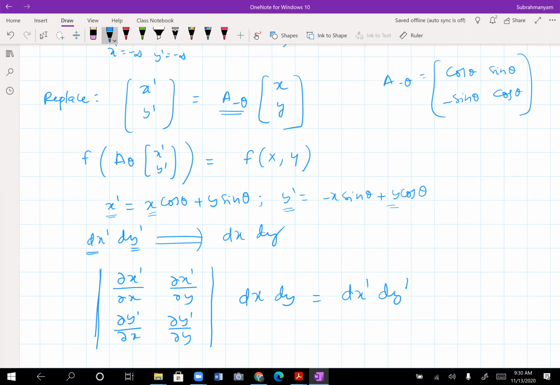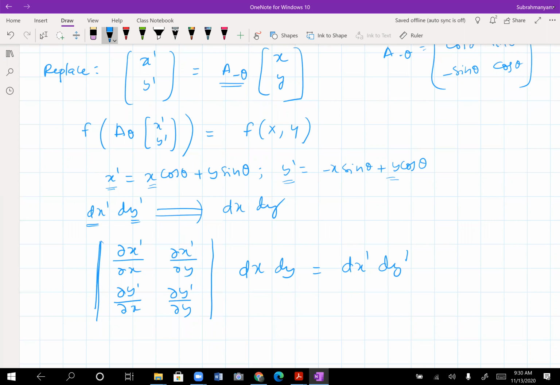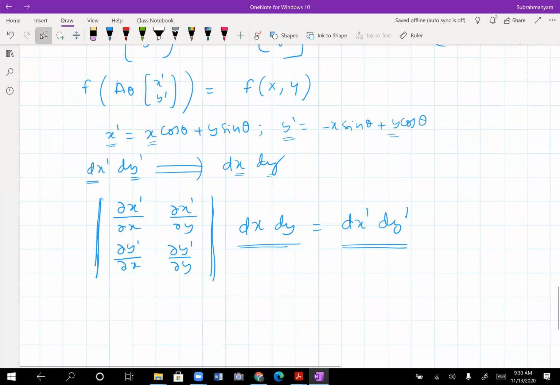So when that kind of thing is there, Jacobian, where you are taking derivatives with respect to x and y, then you multiply with dx dy, that would give you dx dash dy dash. Hope some of you at least remember this from your calculus, where you are doing a change of two variables. Now what is this determinant here?